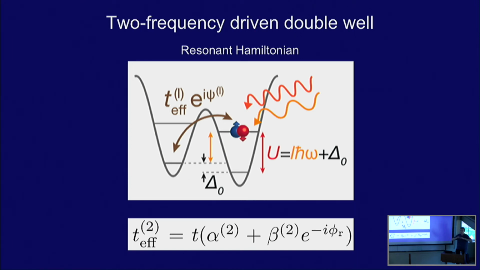So we couple the singlet to the doublon via two processes, via a process where 2 omega is U, or 1 omega is the energy difference.